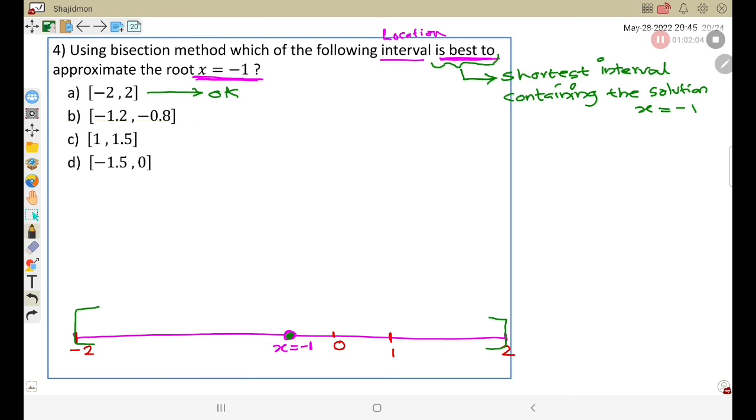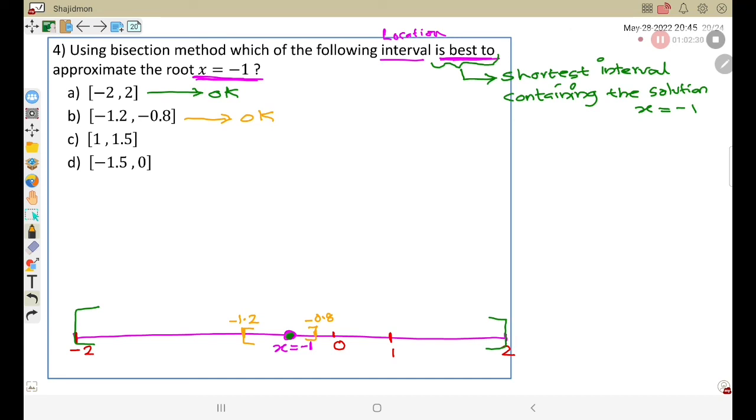Sorry, I can write here minus 0.8. Is this interval okay or not? It is okay, because the answer x equal to minus 1 is in between those two numbers.